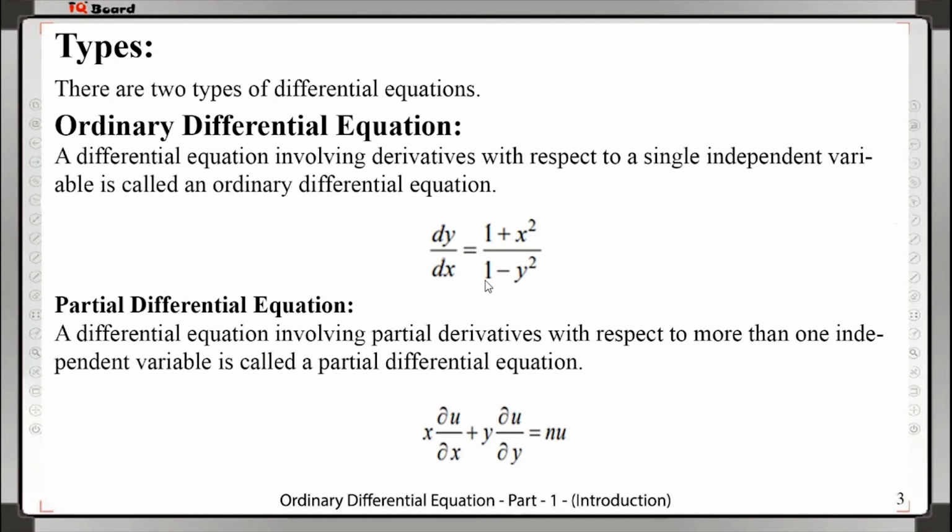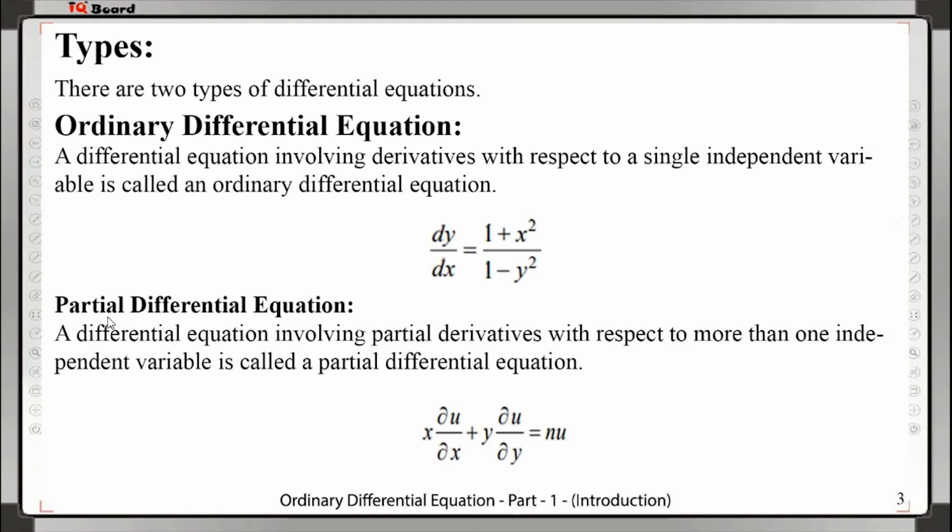We see in this example that y is dependent variable and x is independent variable. So here we have single independent variable and single dependent variable. So such type of differential equation is known as ordinary differential equation.